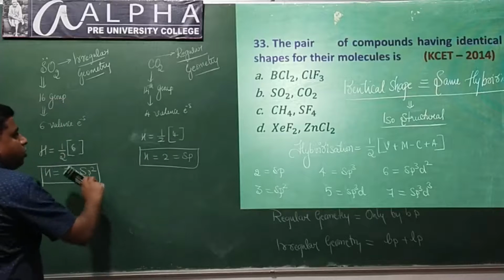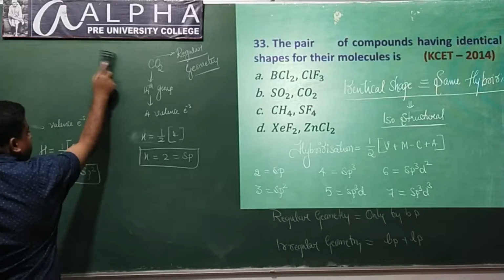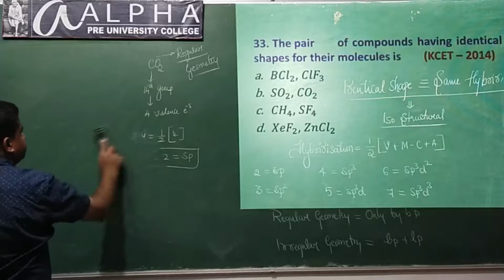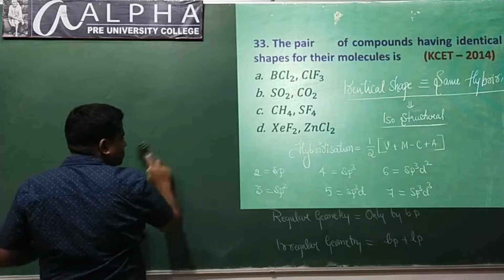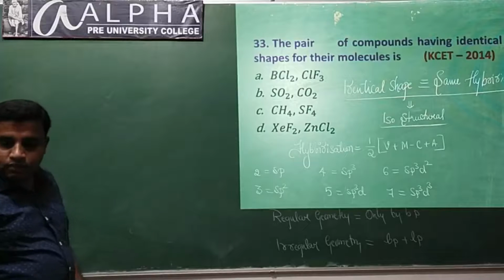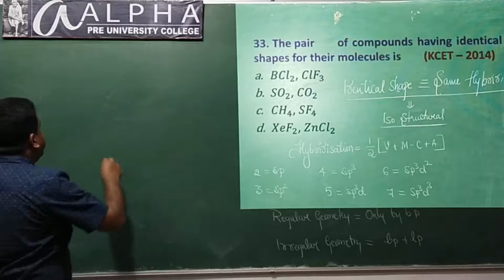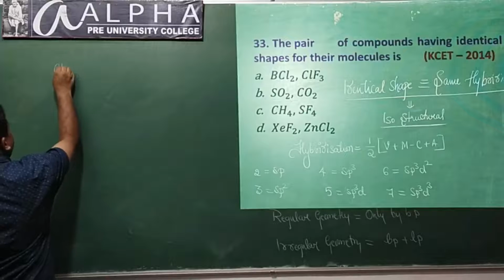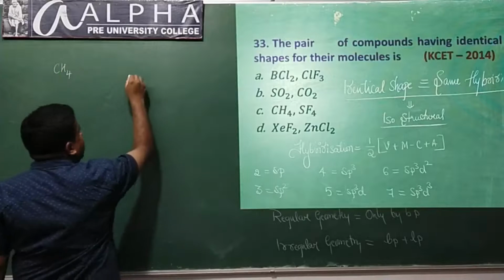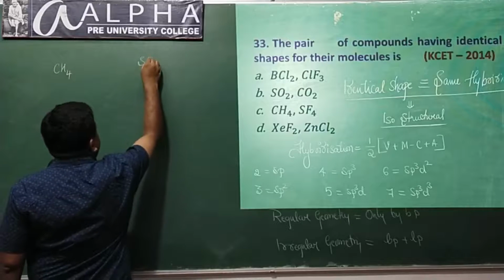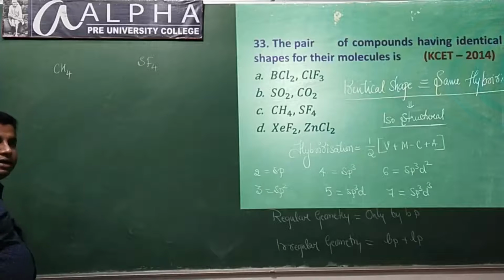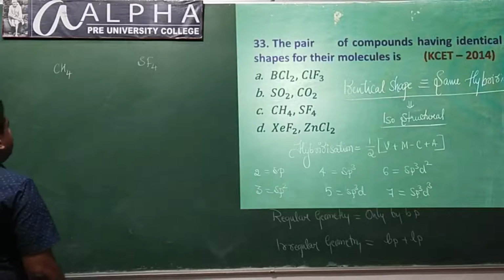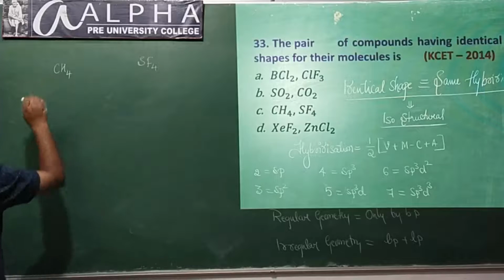Now let us take up option C. In option C we have methane and SF4, sulfur tetrafluoride. For methane, students, look at carbon.